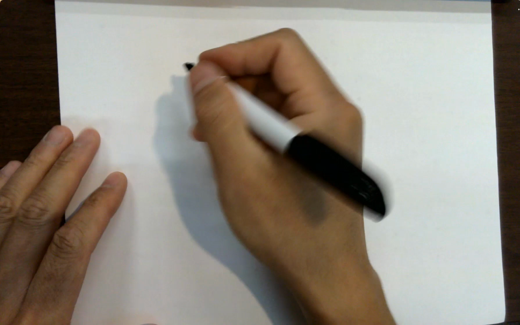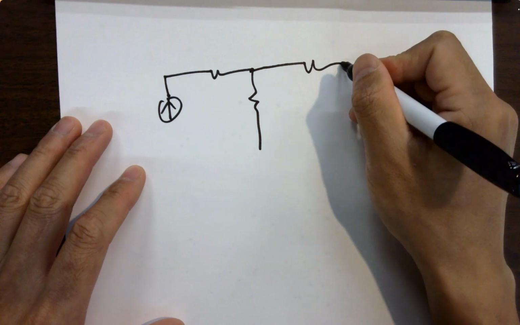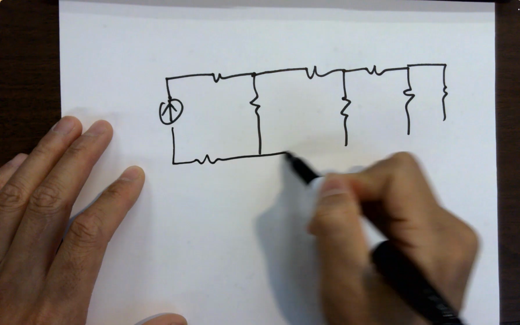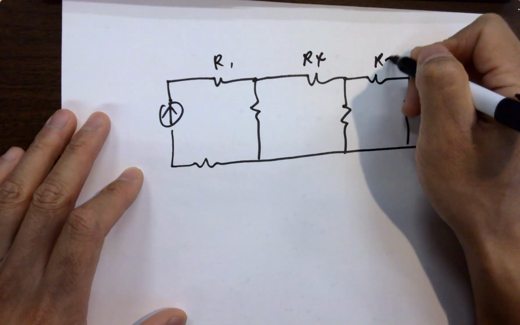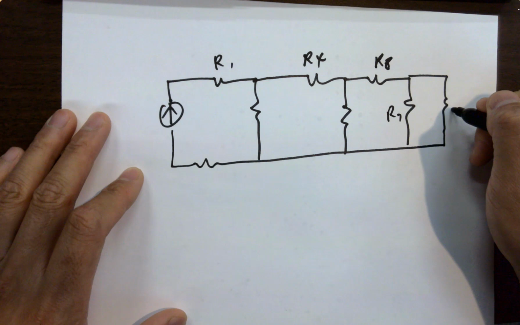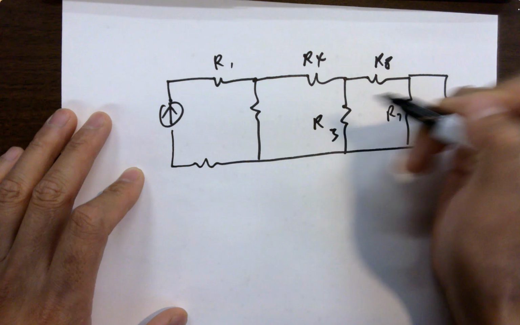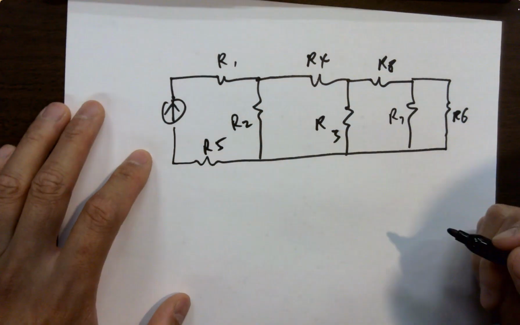Calculate the currents in the resistive network. It's the same method. You just have to transform the resistor network into a different look. R1, R4, R8, R7, R6, R3, R2, R5, I6, I8.